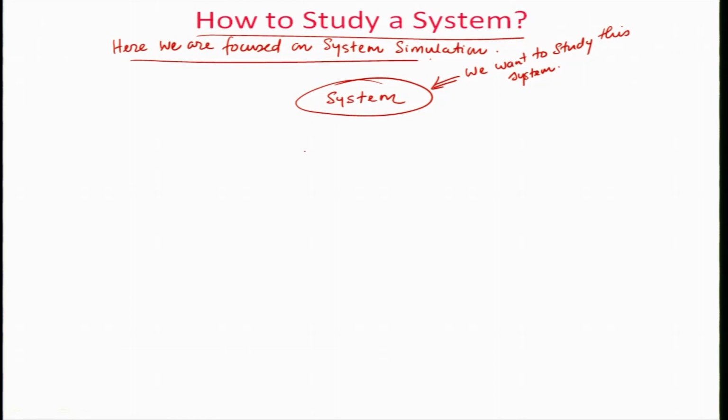There are two ways we can do it ideally. The first option is to experiment with the actual system.